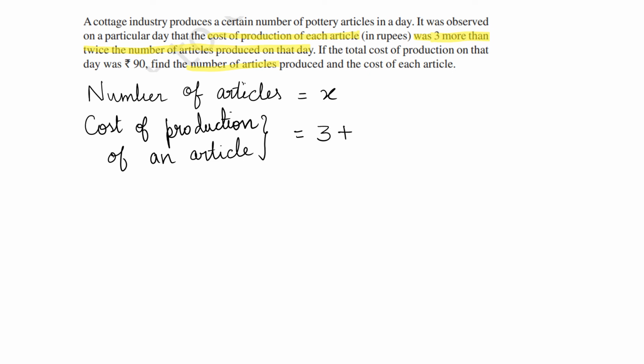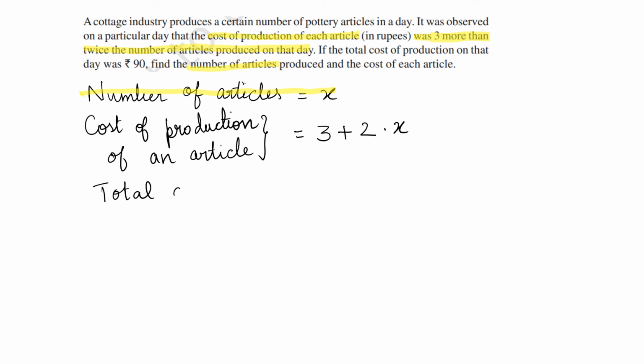We have taken the number of articles produced as x, right? So it is 3 plus 2x. What is the total cost?